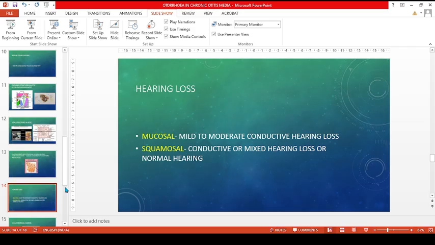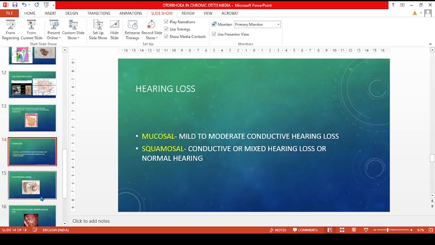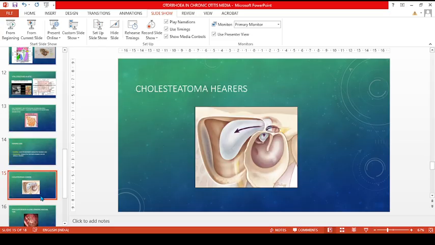Coming on to hearing loss, mucosal type is characterized by mild to moderate conductive hearing loss, whereas in squamosal type there can be a variable presentation. In fact, some patients with cholesteatoma may have even normal hearing, and this is because of the bridging effect of the cholesteatoma.